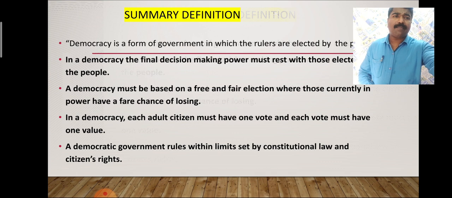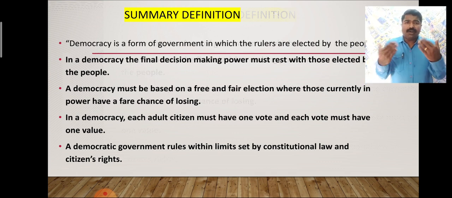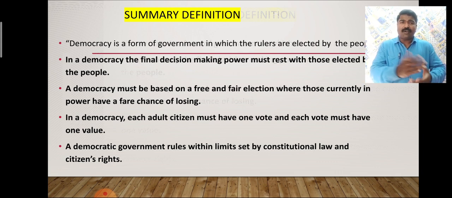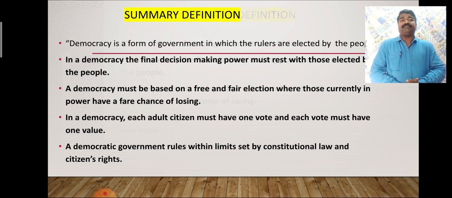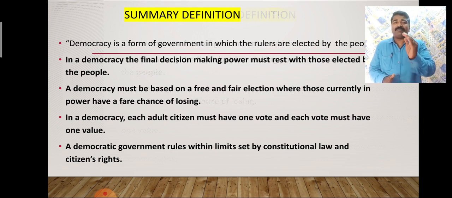Now we summarize the definition. We have already discussed it. Democracy is a form of government in which the rulers are elected by the people. In a democracy, what is the function? The final decision-making power must be rested with those elected by the people.